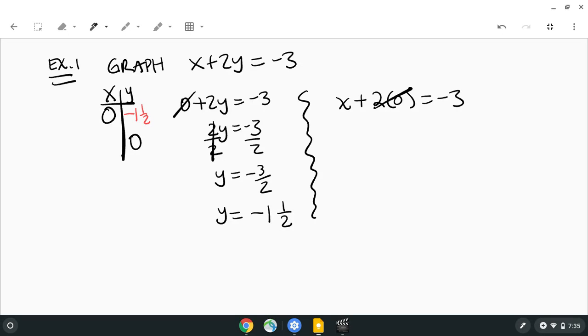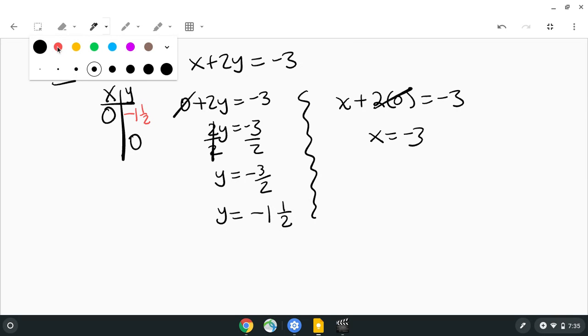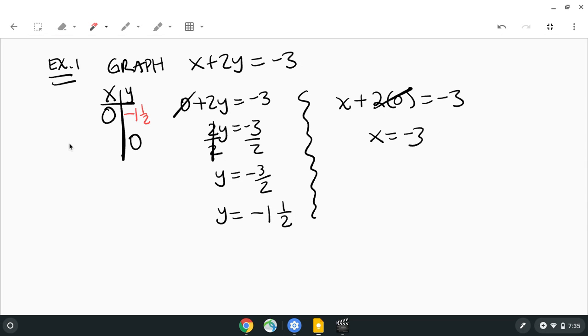Well, that was easy. Okay, so let's go ahead and choose this red one again. And we get -3. Okay, so those are our 2 intercepts. So this one right here, that's the y value. So this one is the y-intercept.